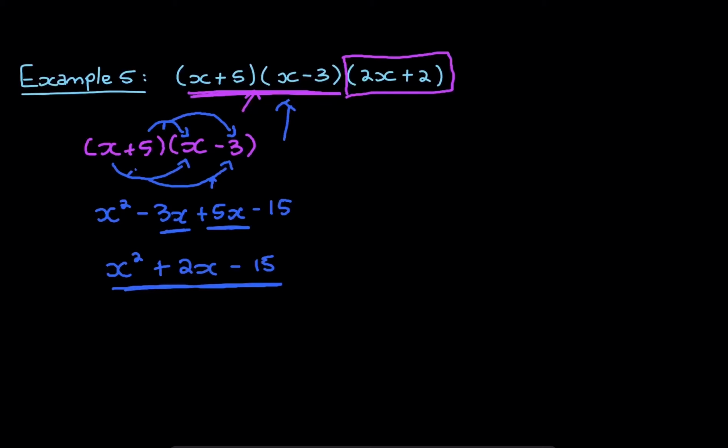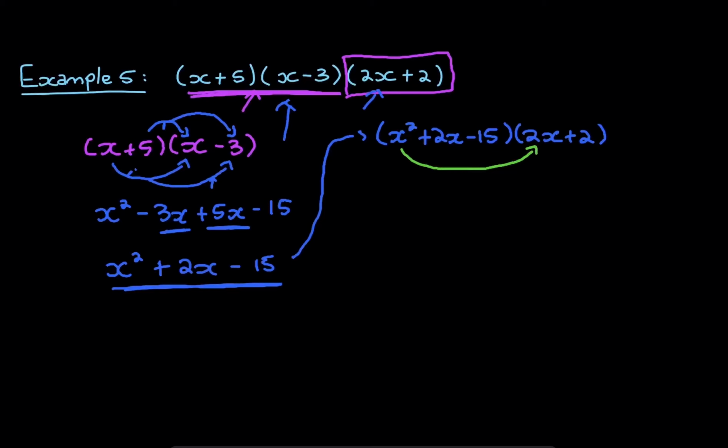Now let's take this and write it in brackets: x squared plus 2x minus 15, and multiply it by what we initially removed, what we initially ignored, so you get 2x plus 2. Now same method as before. You just use the monkey method.